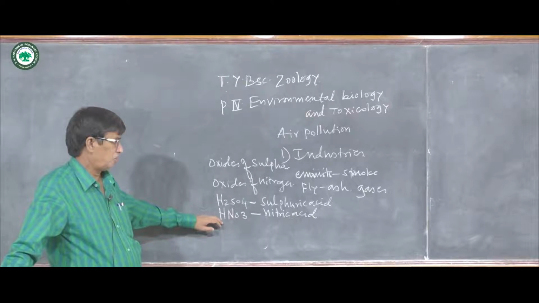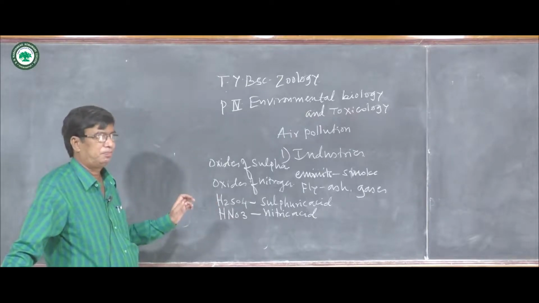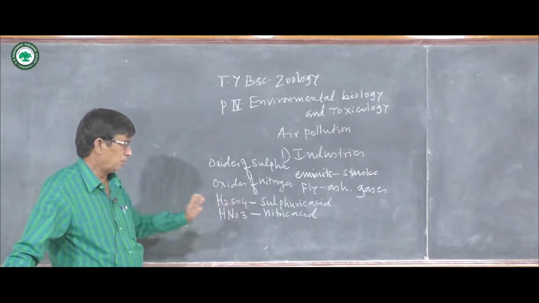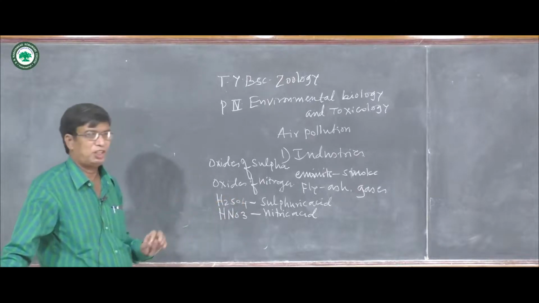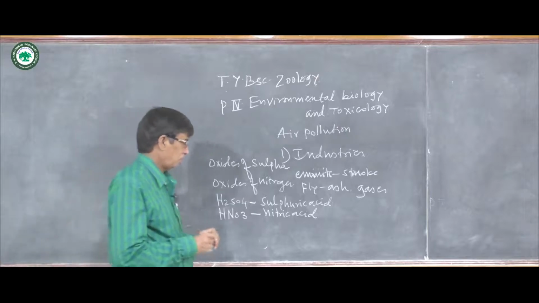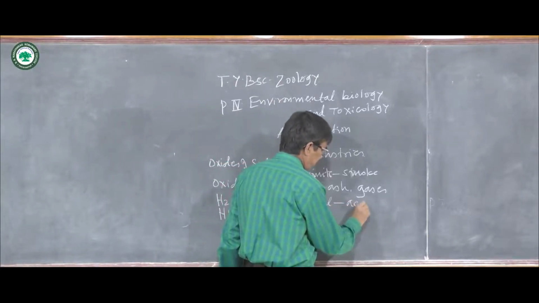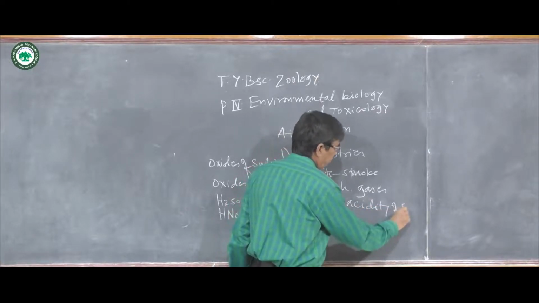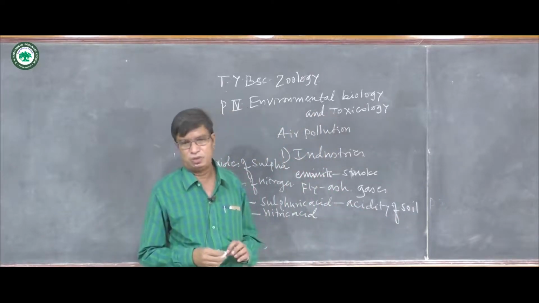These chemicals are responsible. For example, nitric acid or sulfuric acid, these are acids that increase the acidity of soil.